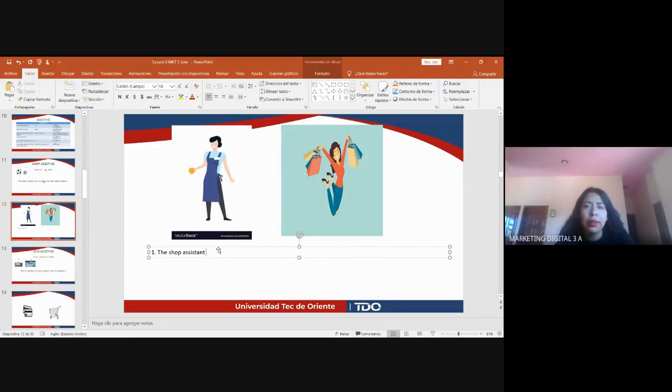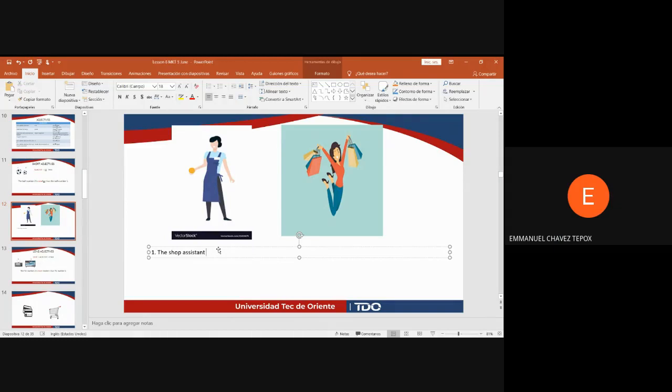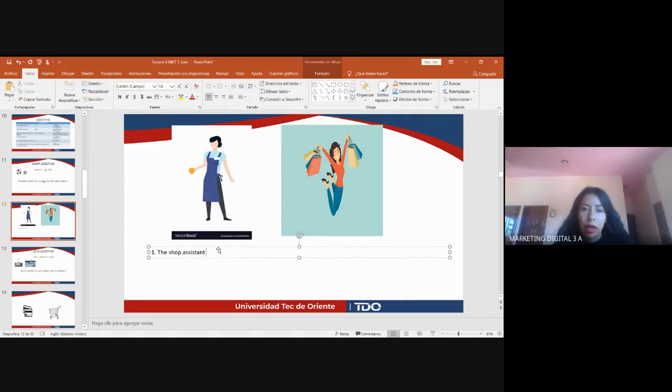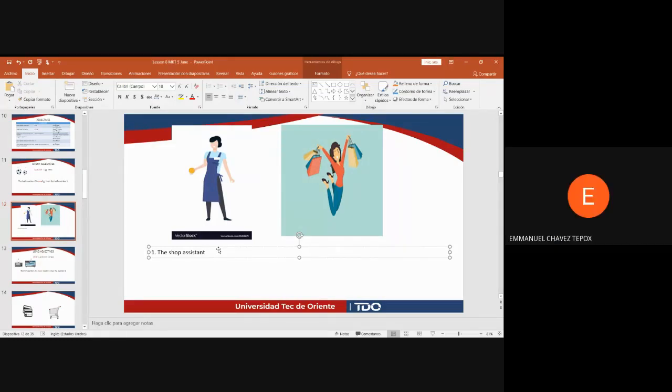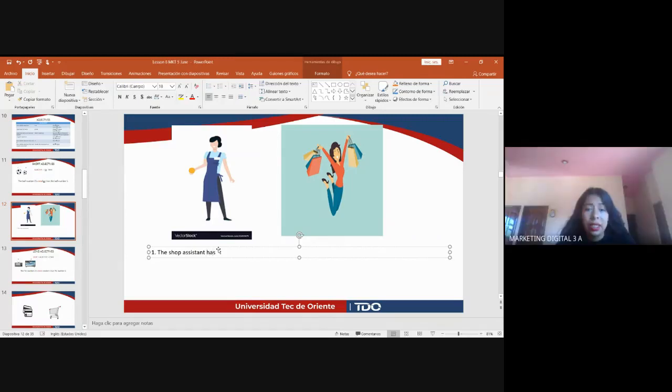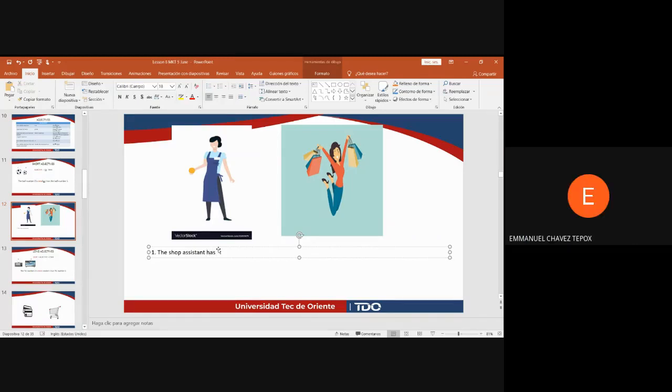¿Cuál es la comparación? Que una tiene el cabello corto y la otra no. Ajá. Entonces, the shop assistant has short hair.